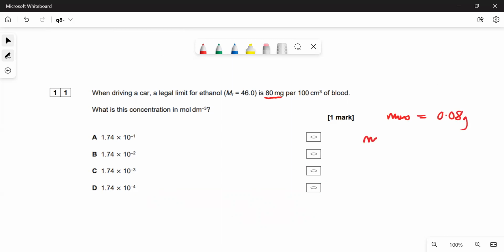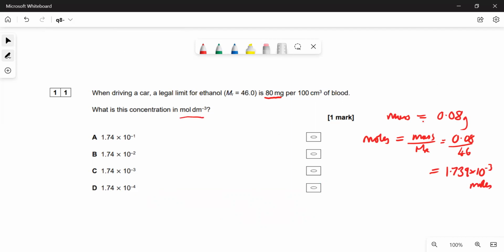So now let's work out the moles of ethanol, which is mass over Mr. So 0.08 over 46 for ethanol. That gives us 1.739 times 10 to the minus 3 moles. Okay, I need to work out moles per decimeter cubed.